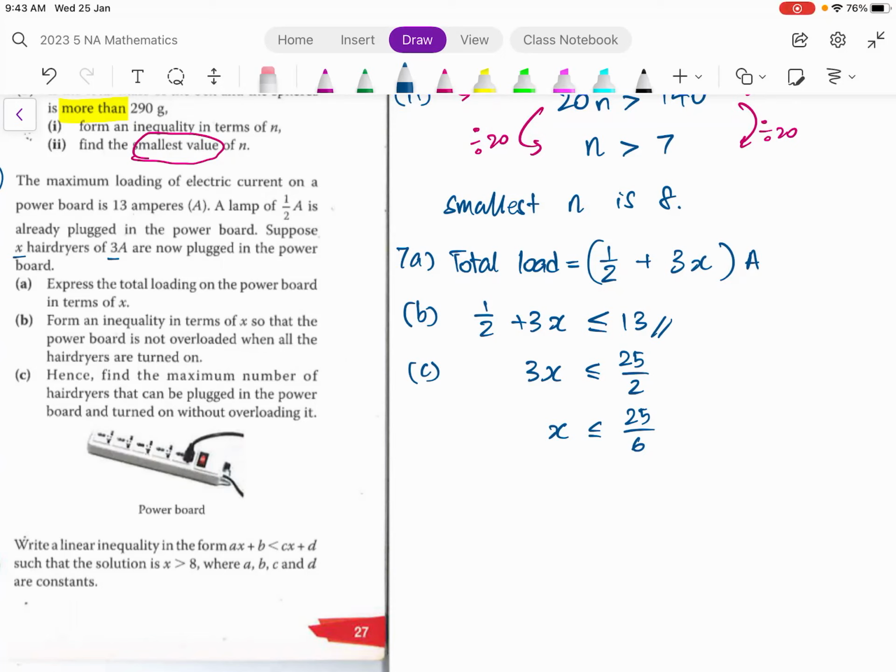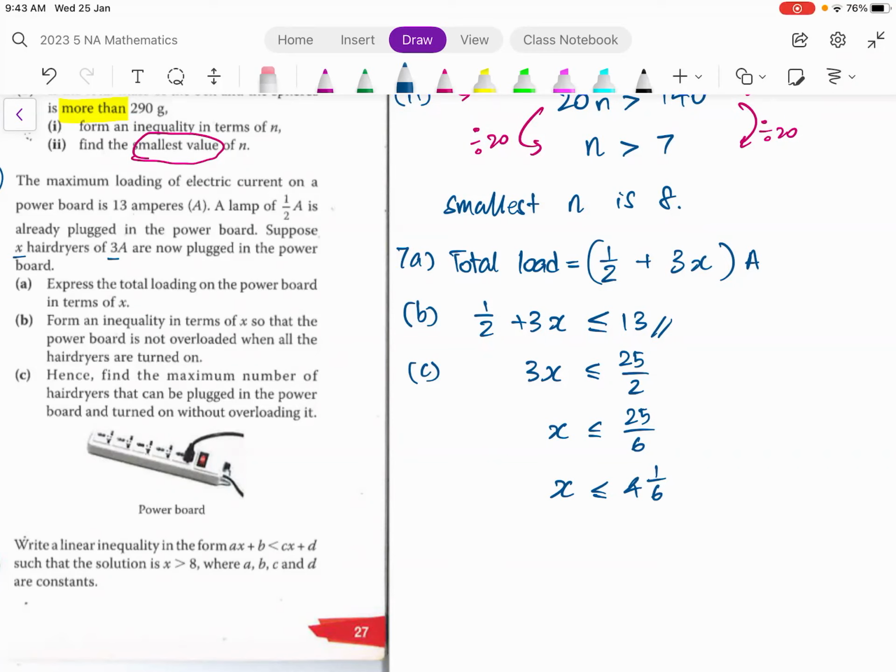Okay, so part C we carry on to solve, and x is less than or equal to 25 over 6. 25 over 6 is an improper fraction. It doesn't tell me very clearly what is the maximum number of hair dryers. So another form that is more useful is either decimal or mixed fraction. These will be more useful in telling me what is the maximum number. So x less than or equal to 4 and 1 over 6 hair dryers.